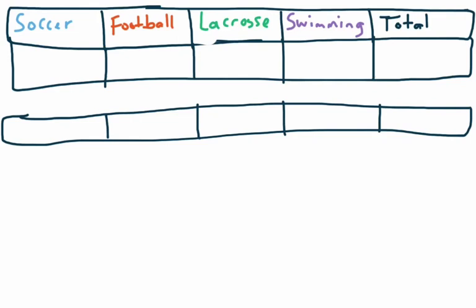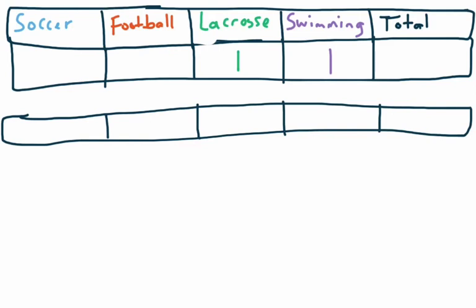Okay, so we know that initially the same number of students chose lacrosse and swimming. So that is going to be a 1 because we're going to start with our smallest number. And then it says soccer is double the number of students who chose lacrosse. So what is double what lacrosse is?